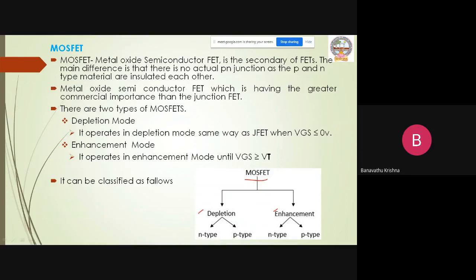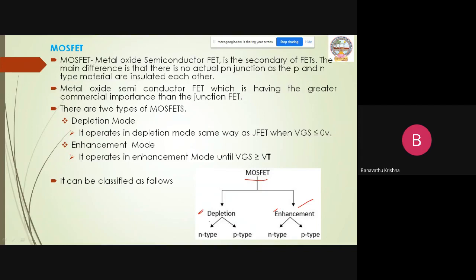In an enhancement mode device, we want to create or establish the channel in between source and drain at the gate junction by applying some external forces. Similarly, by applying external forces we remove the channel in depletion mode, and we establish the channel in enhancement mode, right?